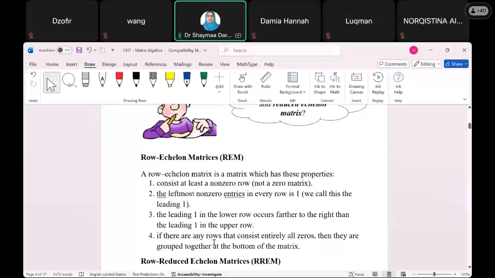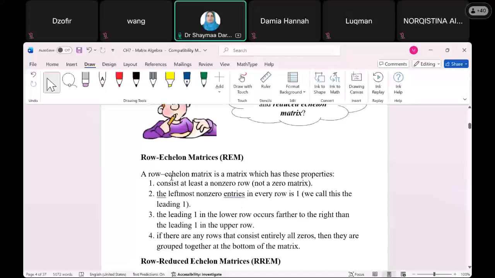The fourth condition, if there is a row with all zeros, it should be at the bottom of the matrix.